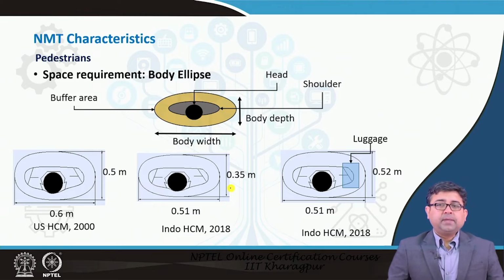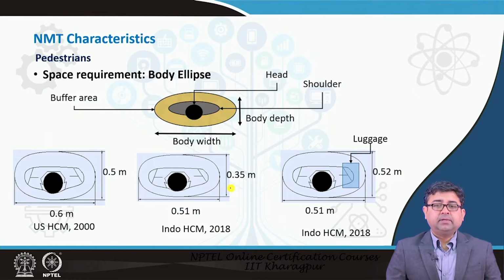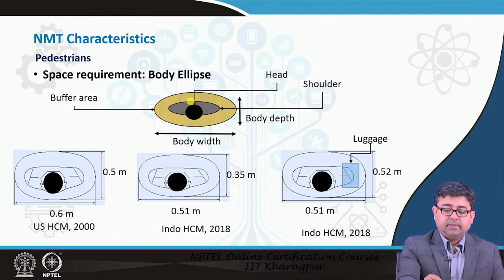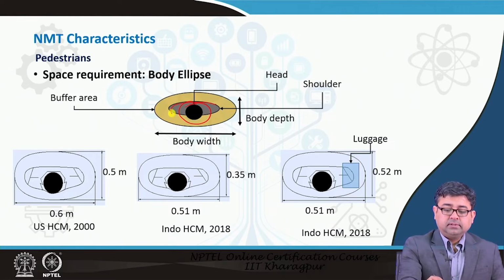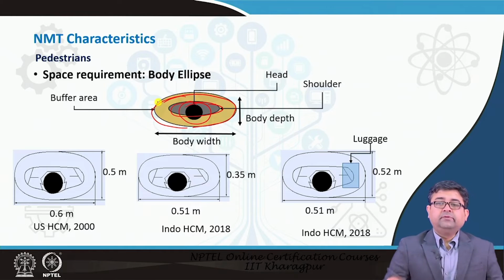Now, when we look at the space requirements for each pedestrian, they are usually determined by the ellipse that our body forms. If you look at our body from the top view, then we will see our head, which is in this black circle, and the shoulders, the gray ellipse, as well as the buffer area that is needed for free movement of your arms, right.